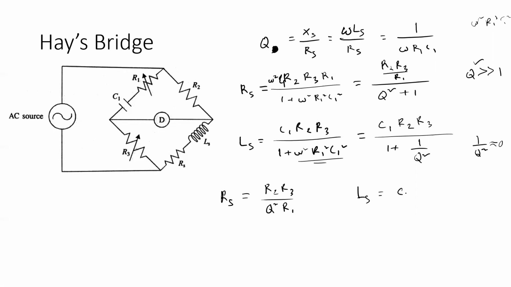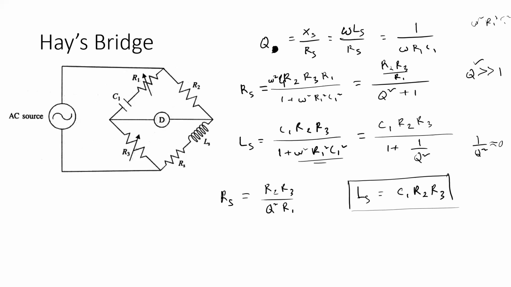So for this one, the expression of Ls can be defined as the multiplication of C1, R2 and R3, which is the same as the expression we got in case of Maxwell bridge.